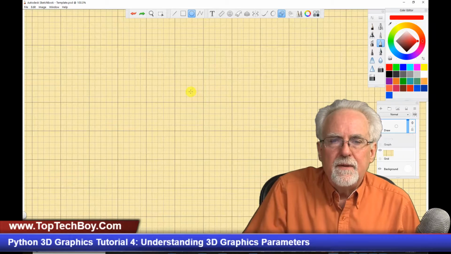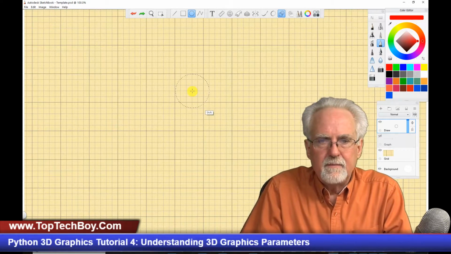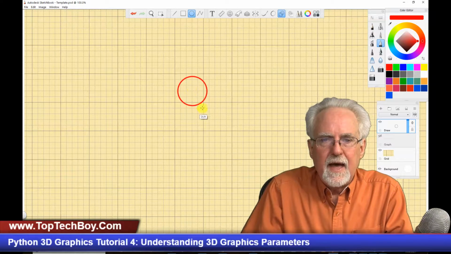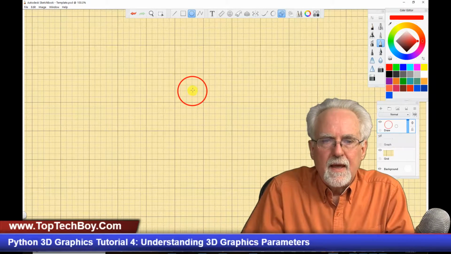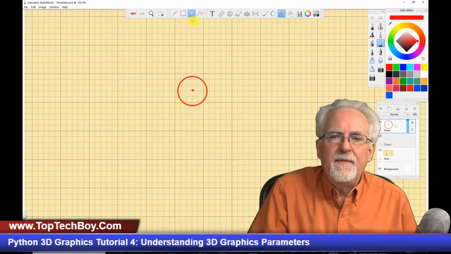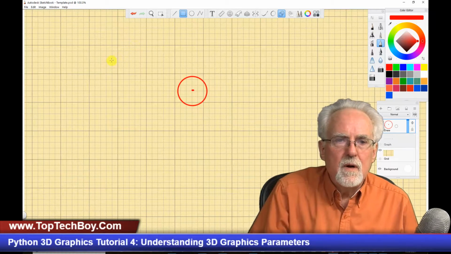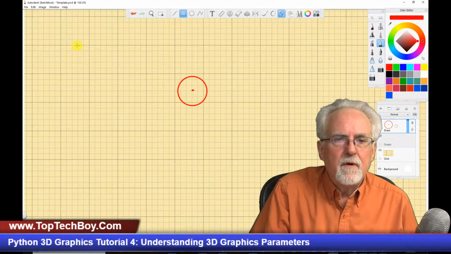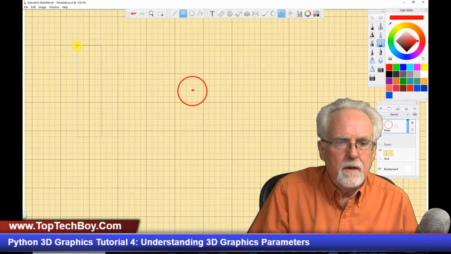And so this is going to be, let's see if I can make it round. Okay, so that is going to be my marble. And let's say that that is the center of the marble right there. And then I'm going to draw two walls. So I'm going to come over here and let's make it like that.